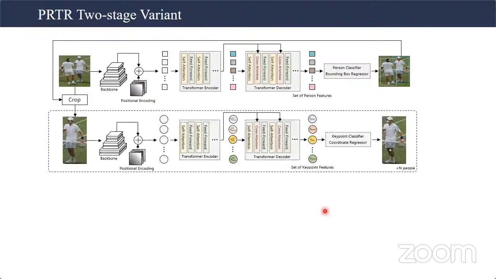So here, it shows a two-stage system. Given an image, we first learn a detection transformer to detect all persons in the image. Then for each detected person, we crop its image patch and then train a second transformer that performs key point detection directly.